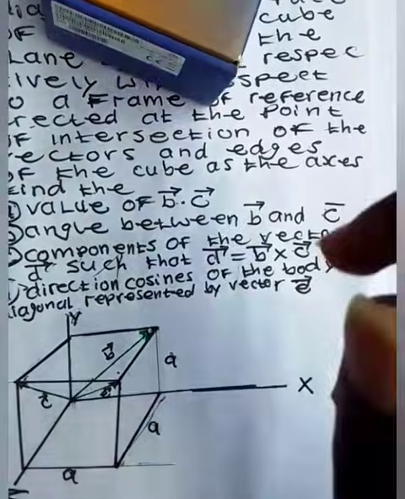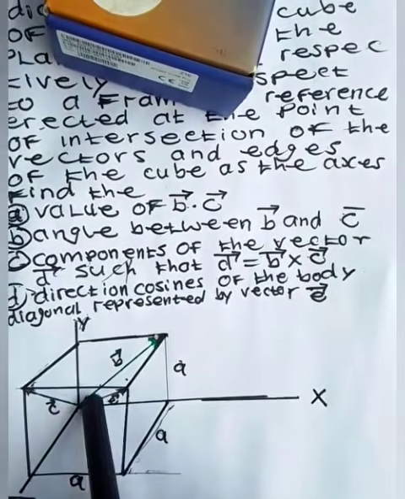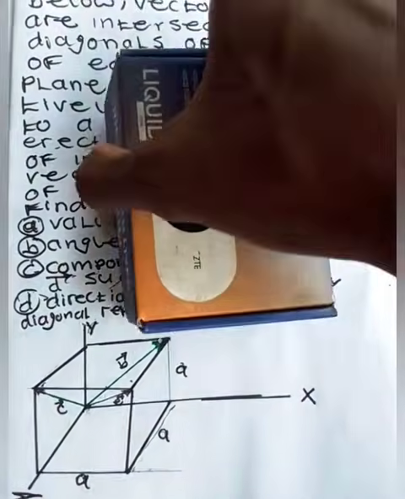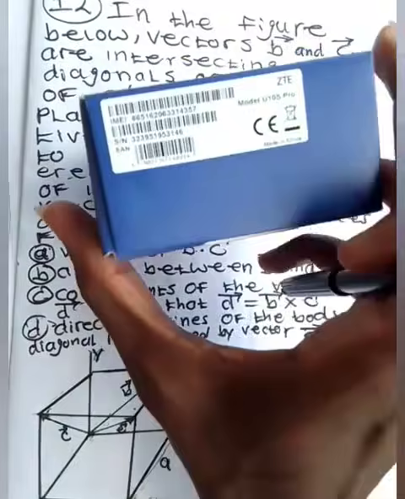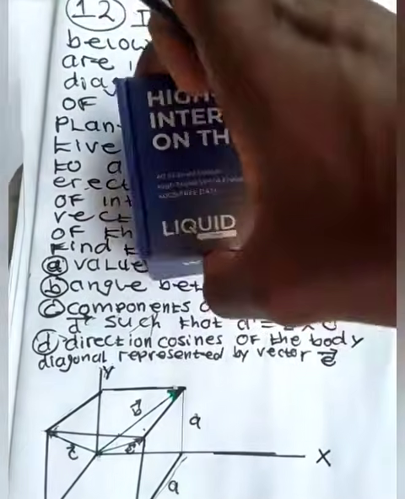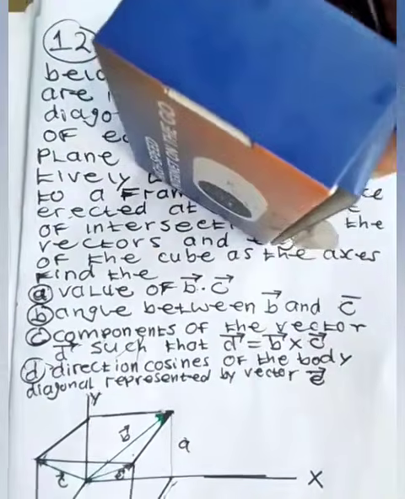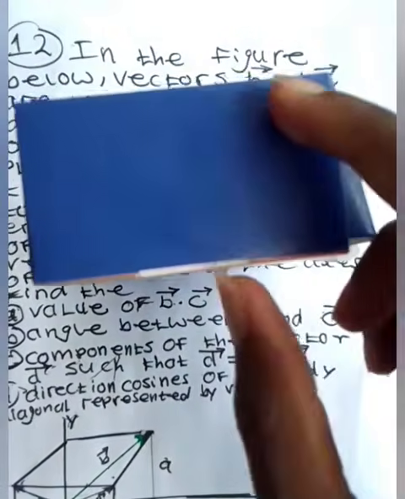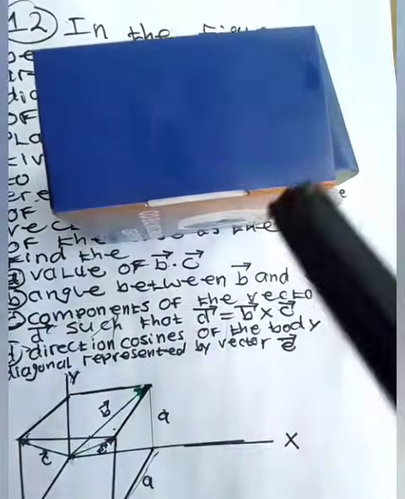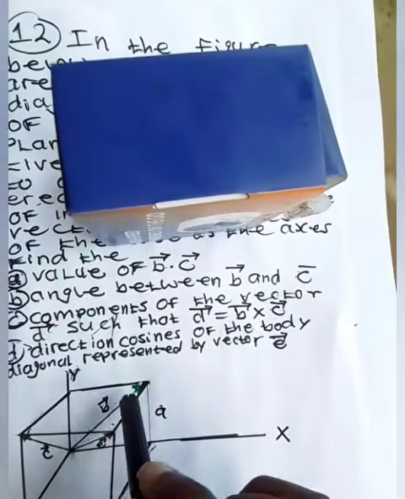If you look at vector B, let me show you the box again. Have you seen this box? Vector B is like they have gotten this face here, which is this one, and then they are just showing that it has moved from this point to this point. Vector B from this point to this point.